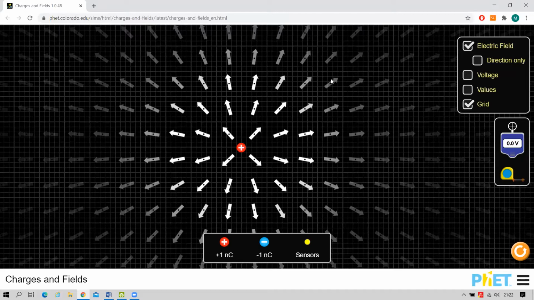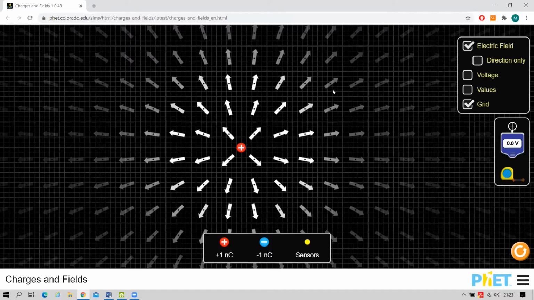The question in your report asks whether these arrows represent the electric field lines. Well, they don't. If you connect them, they would represent the electric field lines, but this way they represent neither electric field vectors nor electric field lines.